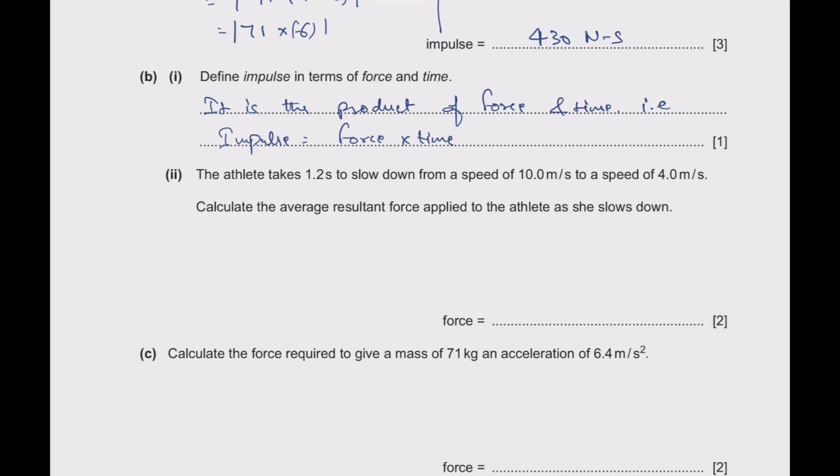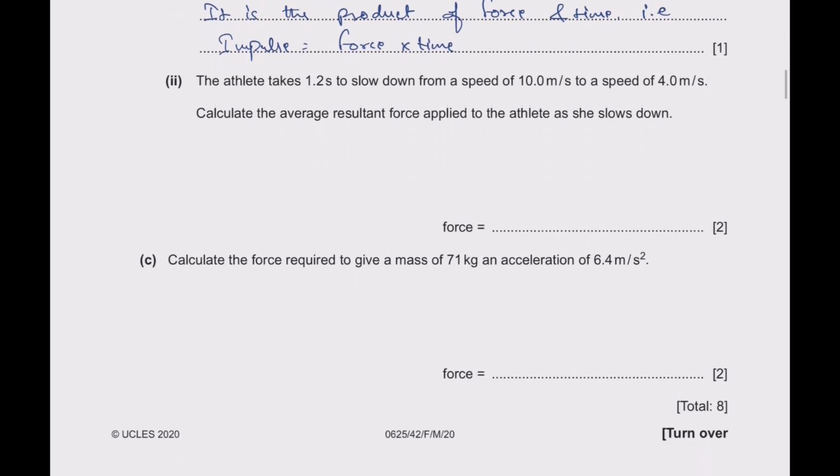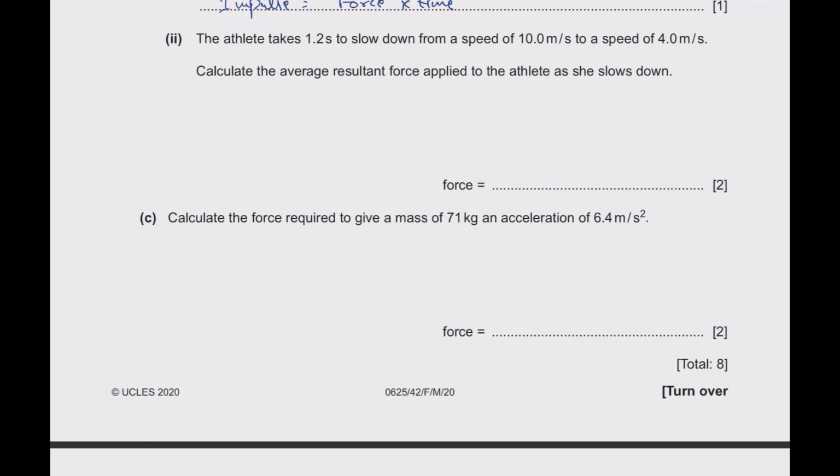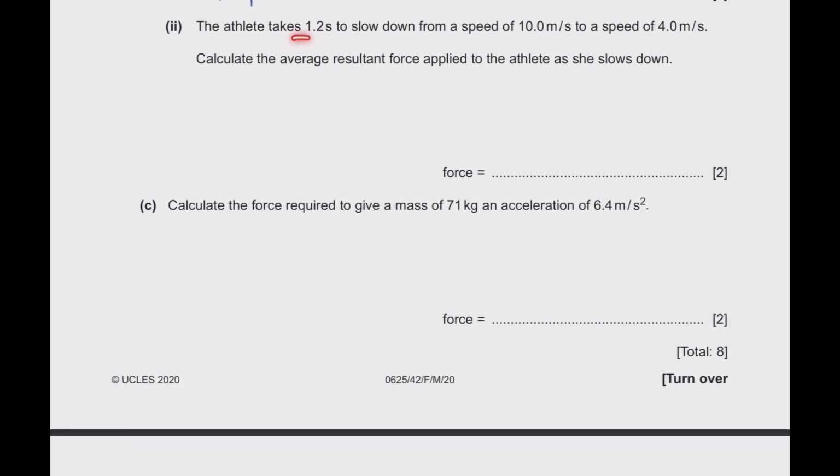That is the definition of impulse. Okay, now the second part of B. The athlete takes 1.2 seconds to slow down from this speed. Calculate the average resultant force applied to the athlete as she slows down.